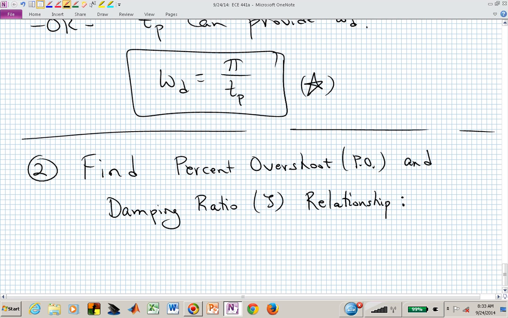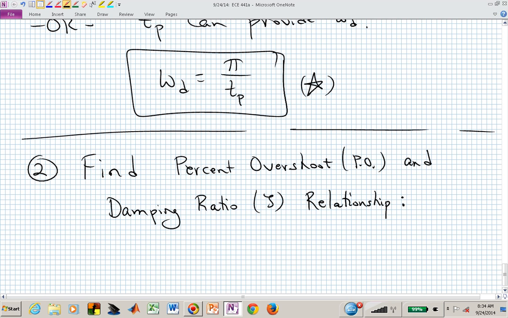When you hear zeta, think angle, because zeta and the angle theta are connected: cosine of theta is zeta. If somebody gives us the angle theta, we know exactly where we are, horizontally and vertically. So if we can find zeta from the percent overshoot, we've located that pole location.